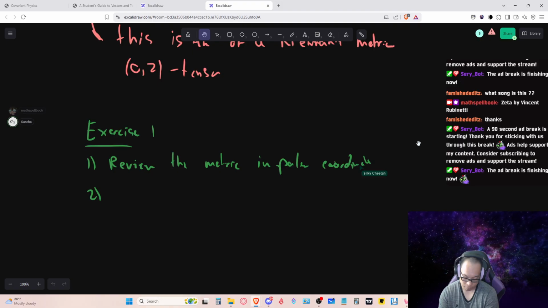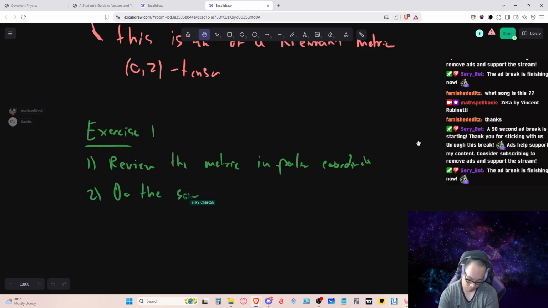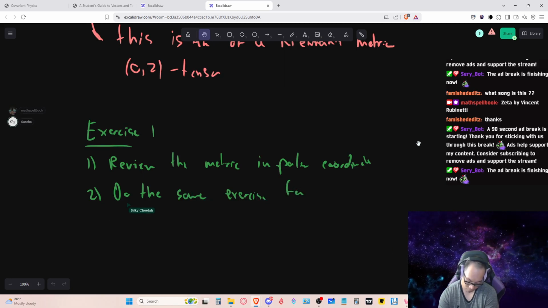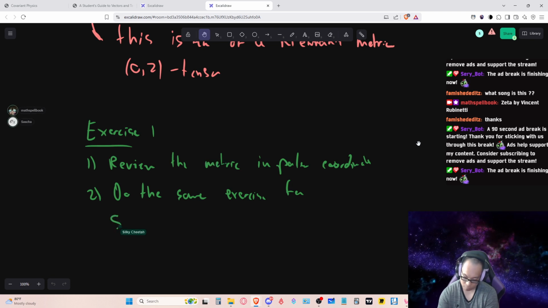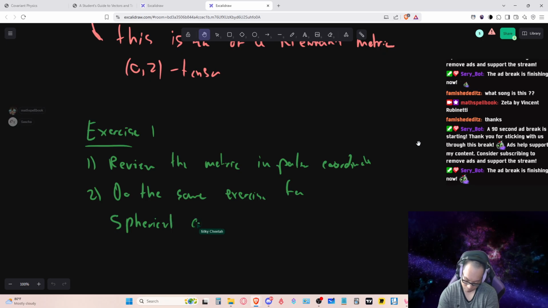What I want you to do is do the same exercise with another coordinate system. For this case it will not be for R2 because there are not many interesting coordinates, but let's say for spherical coordinates. What else do we have? Cylindrical.